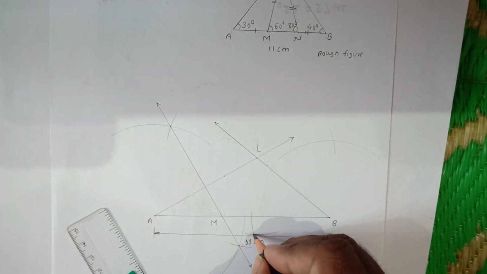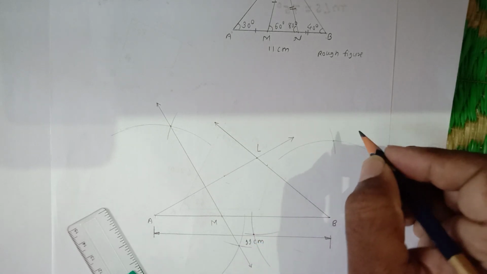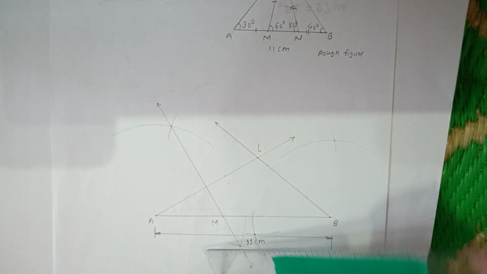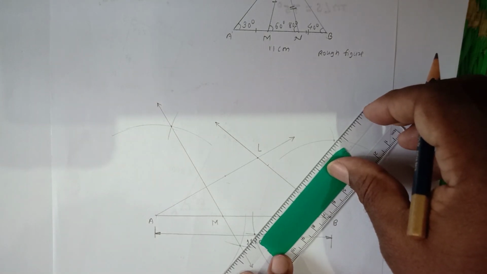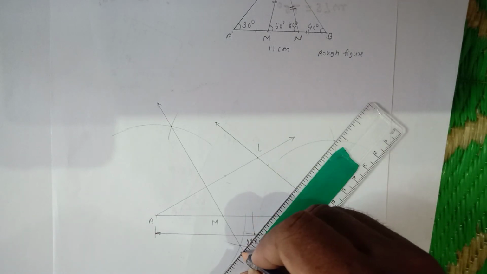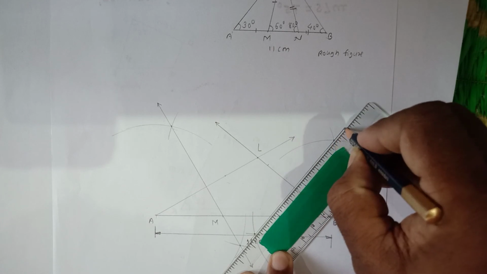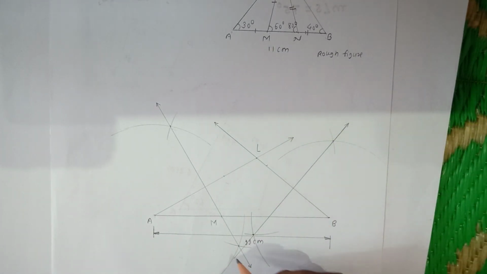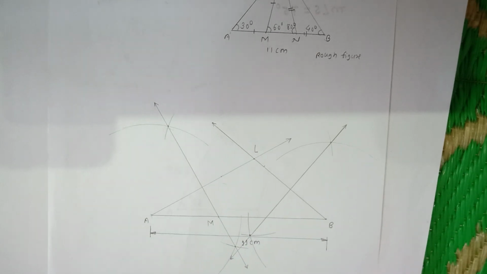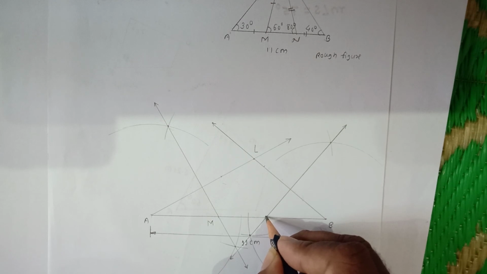This is point of intersections of 2 arcs. Join these points. So this is perpendicular bisector of BL. This perpendicular bisector meet AB at point N.